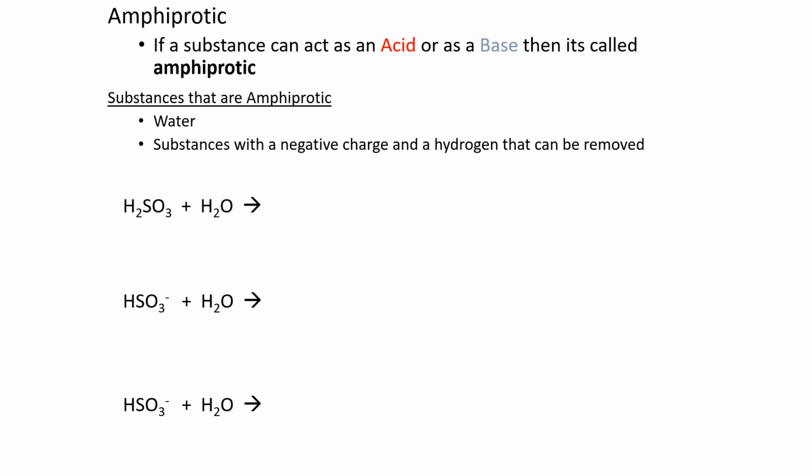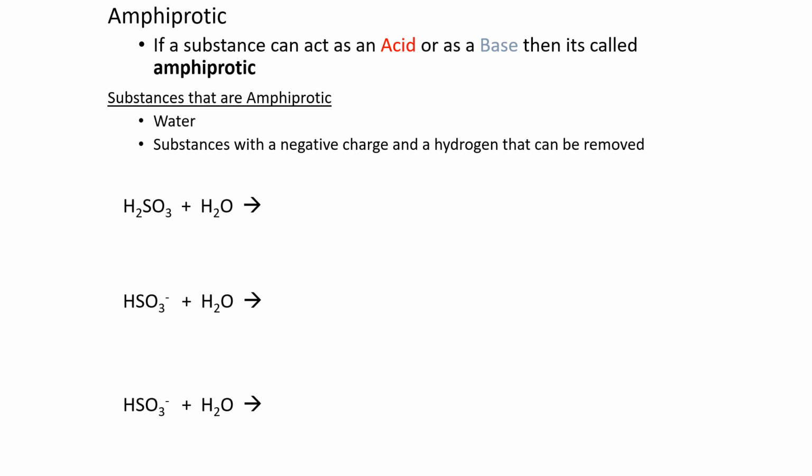Well, then we call it amphiprotic, kind of like ambidextrous, or like amphibian. Amphibian means an animal that can live on land and in water, right?